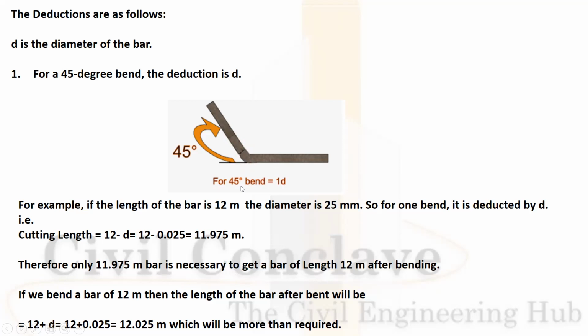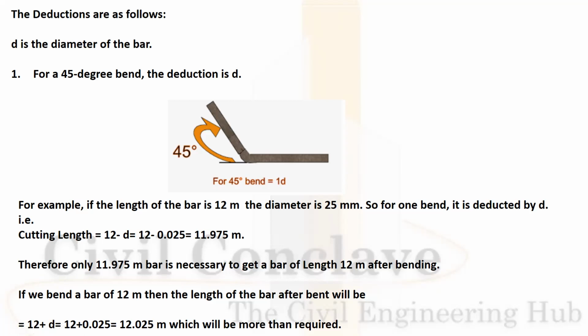For example, if the length of the bar is 12 meter and the dia of the bar is 25 mm, for one bend the cutting length is equal to 12 meter minus dia. That is 12 minus 0.025, which means 11.975 meter. So it makes it very clear.